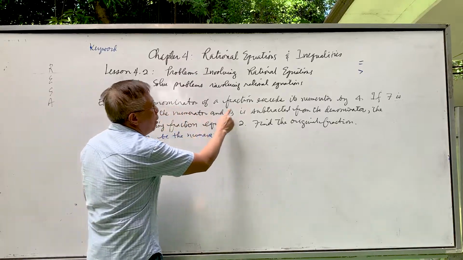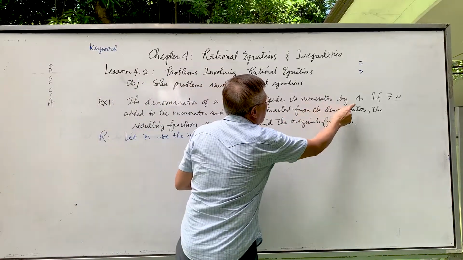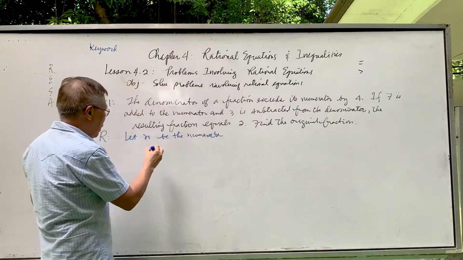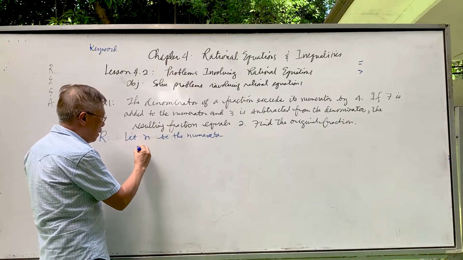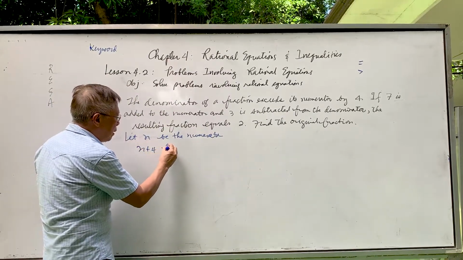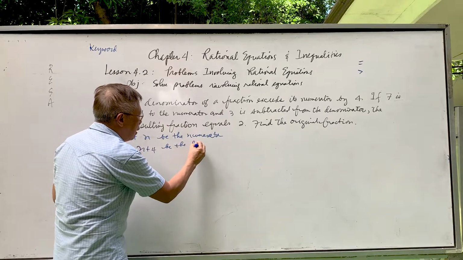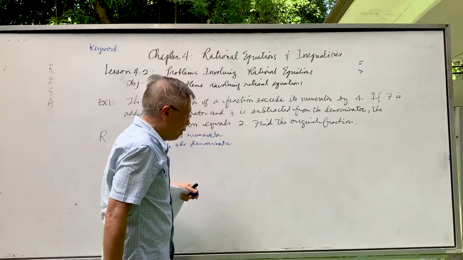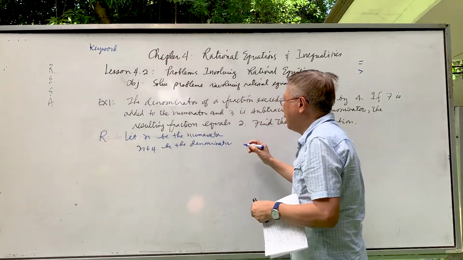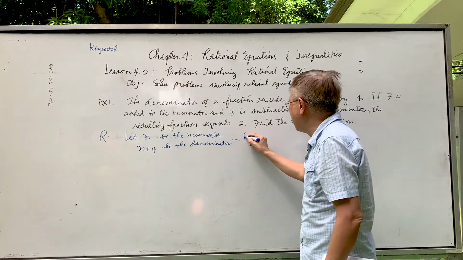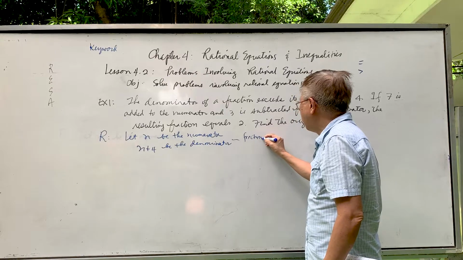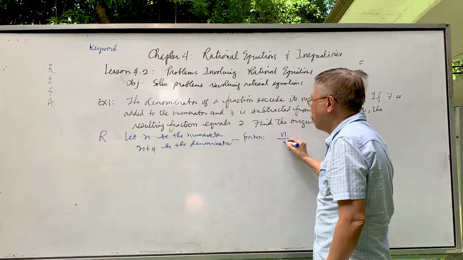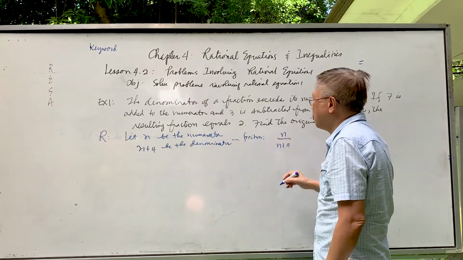It says here the denominator exceeds its numerator by 4. So, my denominator now therefore will be n plus 4. This will be the denominator. Okay? Now, from here, we will have the fraction. What is our fraction? Our fraction will now be n over n plus 4.